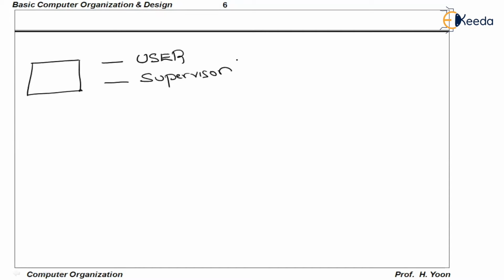This supervisor mode can also be called as privileged mode or kernel mode or protected mode or anything. Different CPUs will employ different names, different labels for this mode, but all are one and the same.